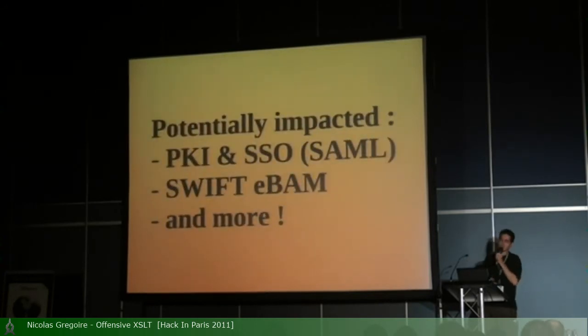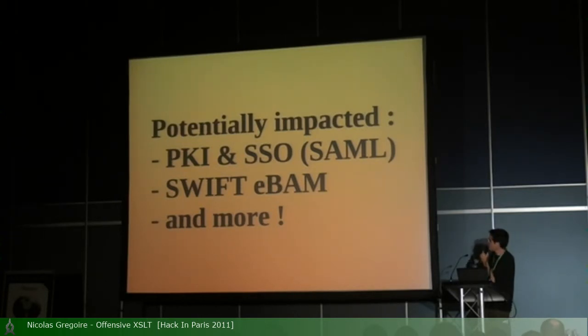Who is potentially impacted? I say potentially because not everybody uses libxslt, and we could find some restrictive configuration where we can't get file creation. I didn't meet any of these configurations in real life, but in my lab it's possible. So we have PKI and single sign-on solutions, which are vulnerable.